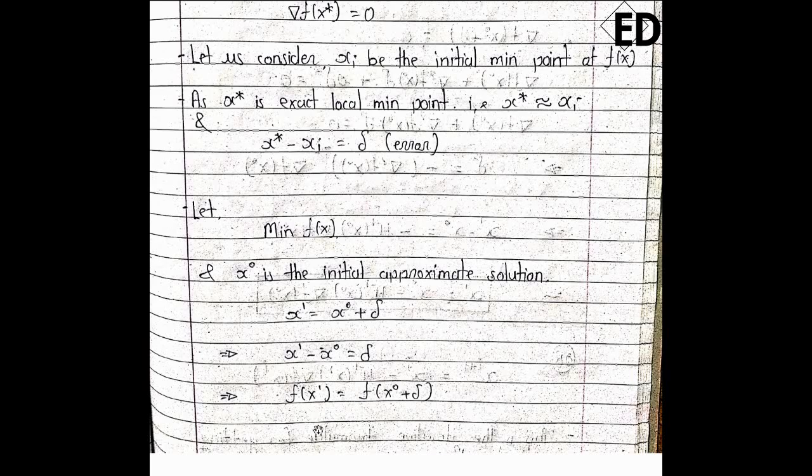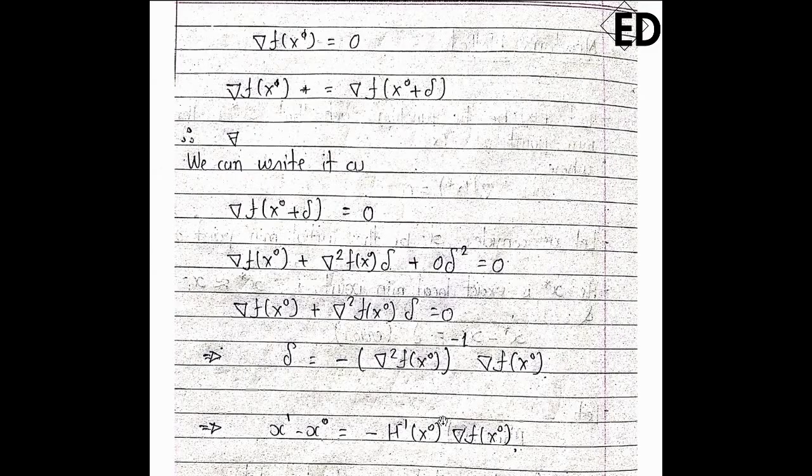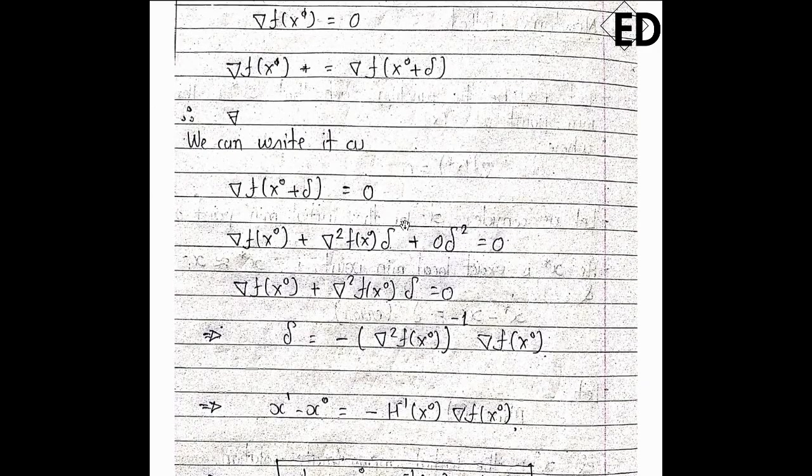So we can write the function of xi as equal to the function of x0 plus this error. This is some theoretical part that I'm asking you to go through, because it is very simple.